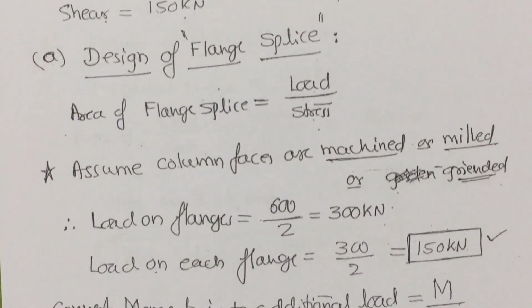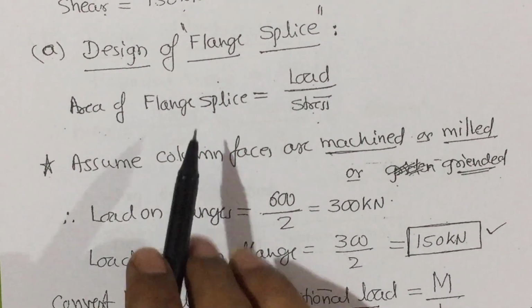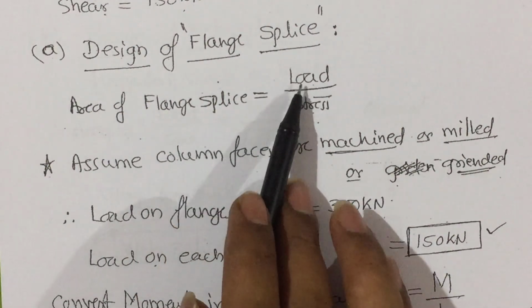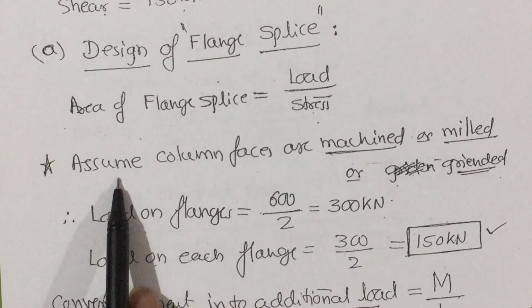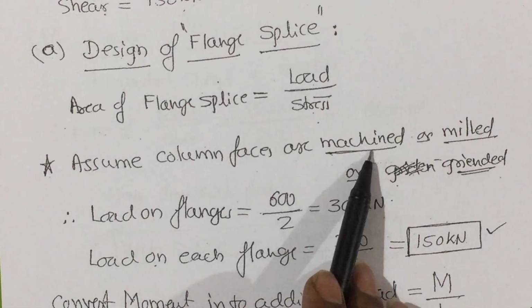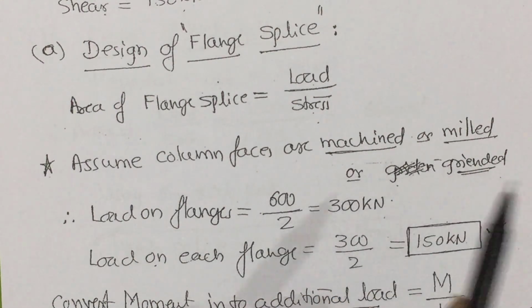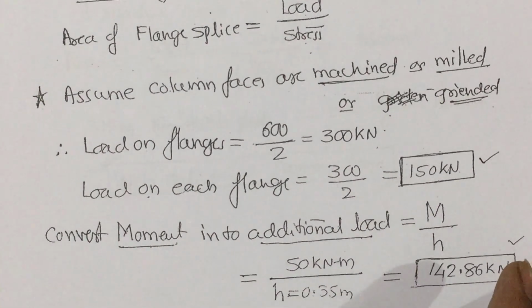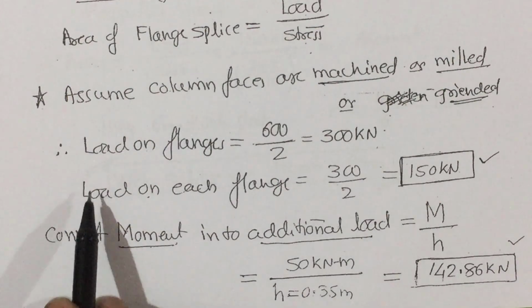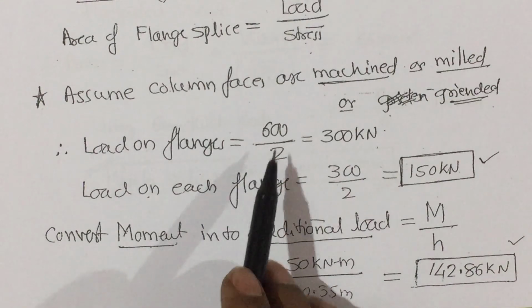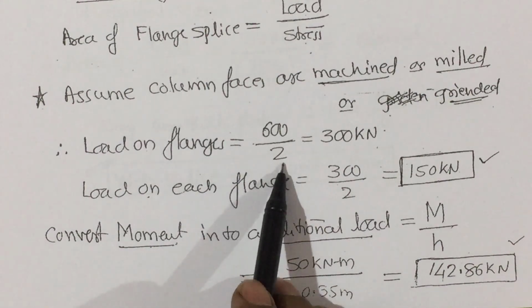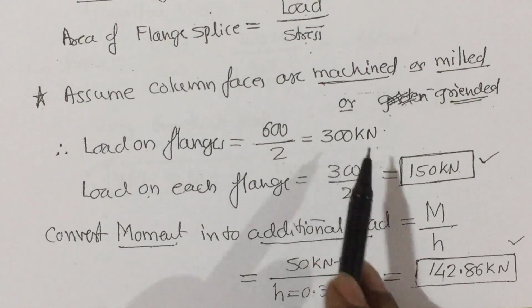Now, design of the flange splice. Here area of the flange splice is given by load divided by stress. Please note that we assume column faces are machined or milled or ground. Therefore, load on the flanges will be given by load divided by 2, that will become 300 kilonewton.